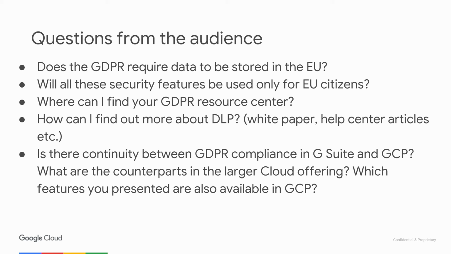Data localization. One great thing about the GDPR is that it does not require data localization. It does enhance the data transfer mechanism, so it requires an adequate level of data protection for data flowing outside of the EU.